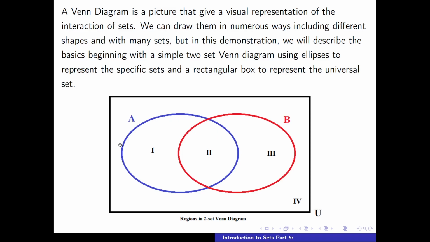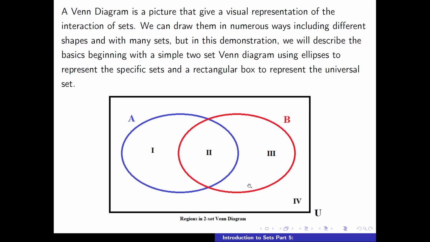This blue ellipse represents the elements in set A, so inside this ellipse are elements contained in A. Inside the red ellipse are elements contained in B, and inside this rectangular box are elements contained in U.